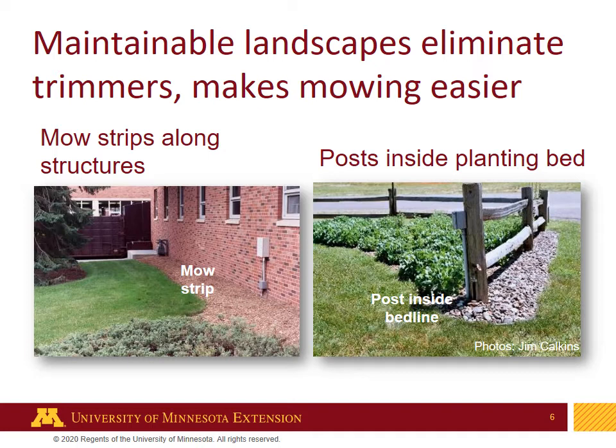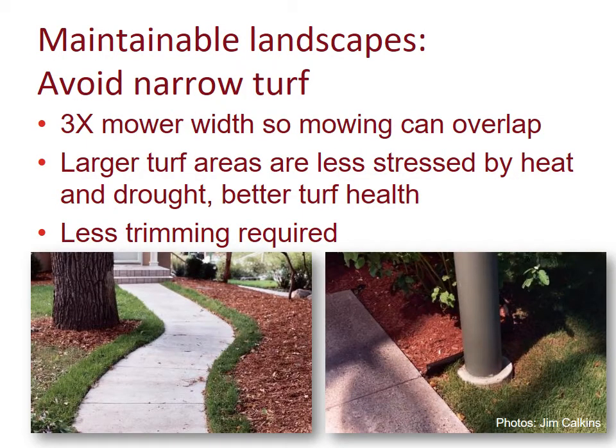Another option is if you have fencing, like this split rail fence in the right-hand side, you want to put the posts inside the beds. And that really helps to eliminate, again, the need to come back and trim around those posts. Maintainable landscapes also avoid narrow turf spaces.